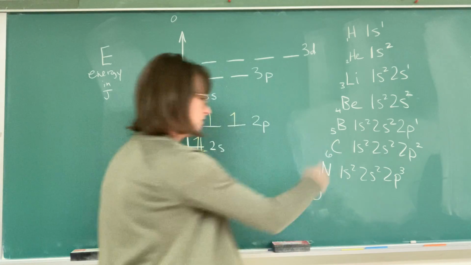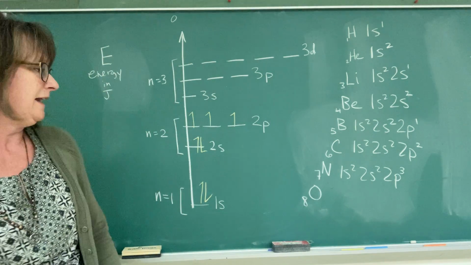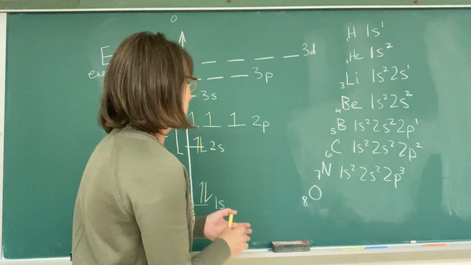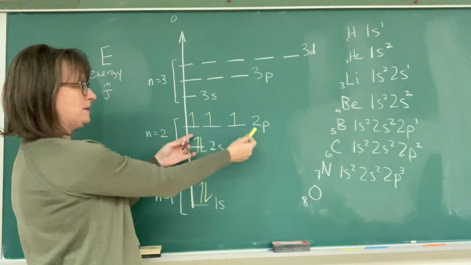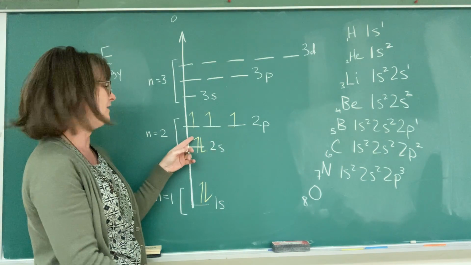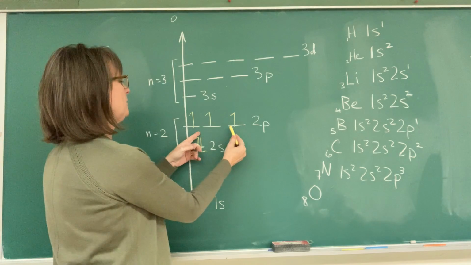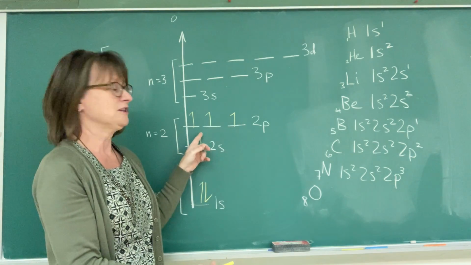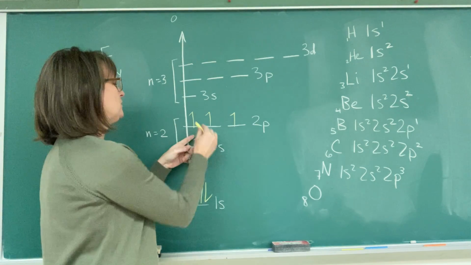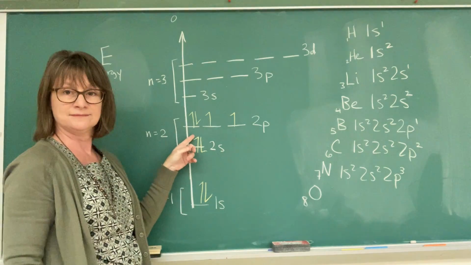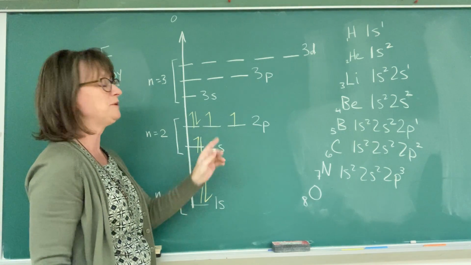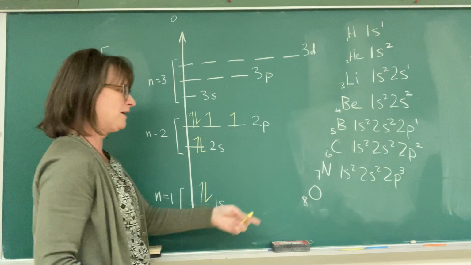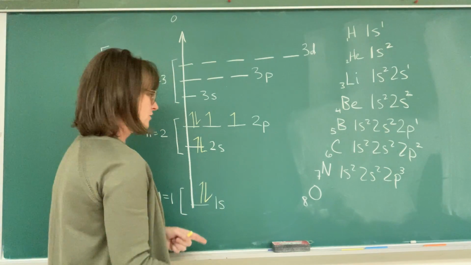Oxygen. Oxygen's number 8. Look, we're just going in order. 8 electrons. All right, so my next electron, I've got 7 represented in this energy level diagram. My 8th one, where do I put it? Oh, I can start pairing now. So they're all equivalent. It doesn't matter which one. I'll just pick one. Now, oxygen only has 2 unpaired electrons, so it's less paramagnetic than nitrogen.